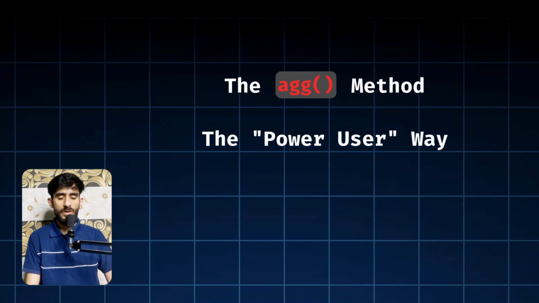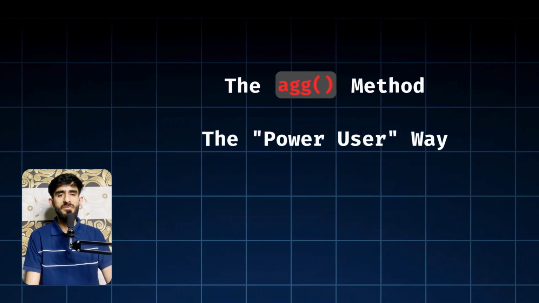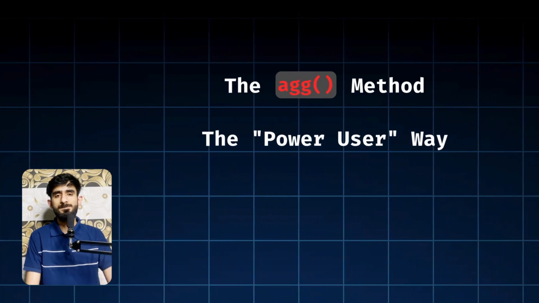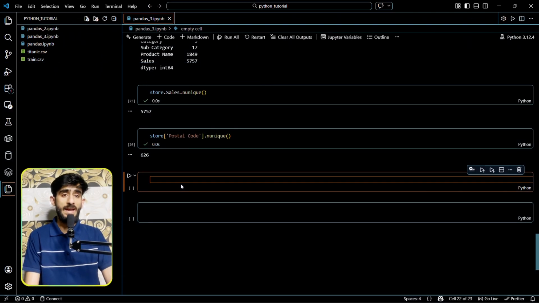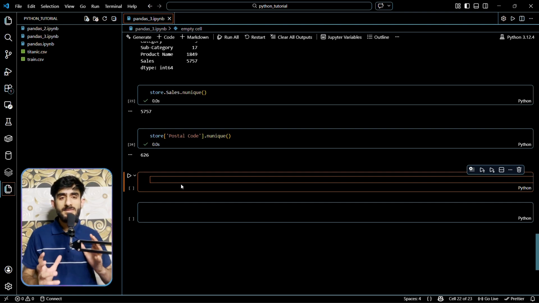Now we have a very important function, which is the aggregation function. Instead of running one function at a time, you can use the agg method to run multiple calculations at once. This is extremely efficient. This is the power of Python.